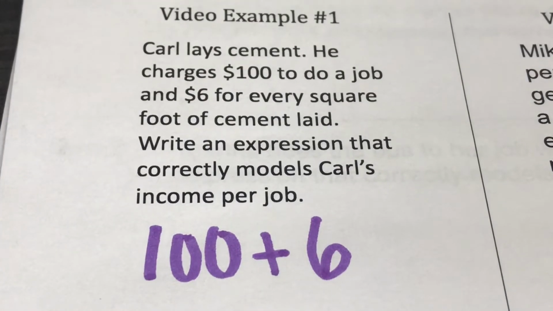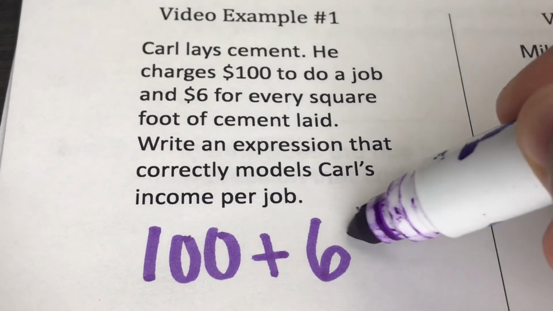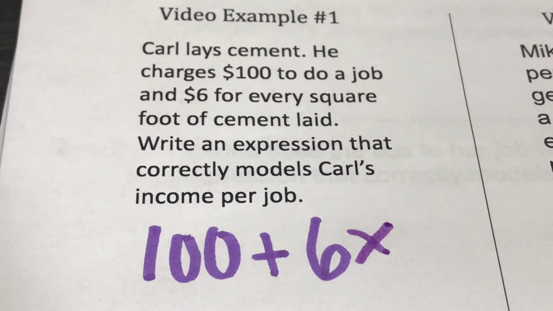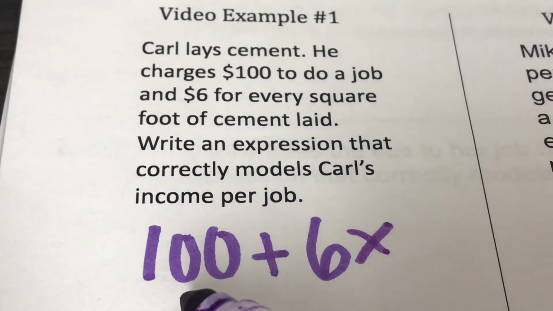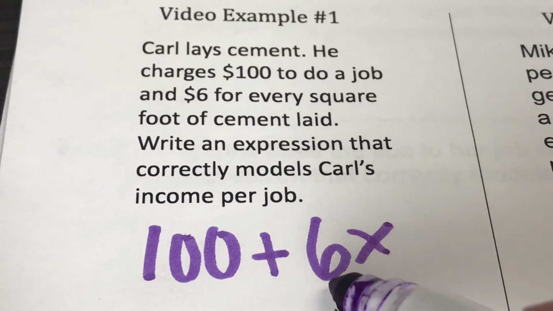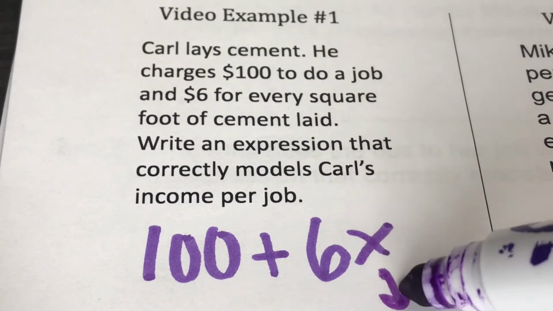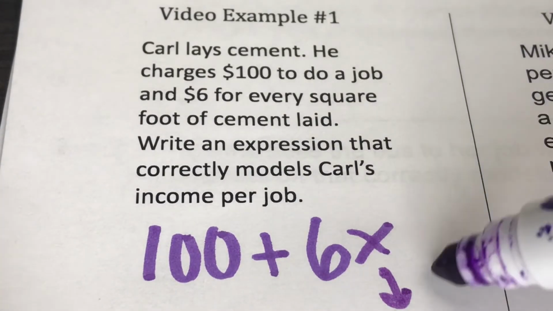Because we do not know how many square feet of cement he's going to lay per job, we're going to represent the square feet of cement by x because it is our unknown variable. So this expression, 100 plus 6x, represents that Carl makes $100 plus $6 for every square foot of cement.